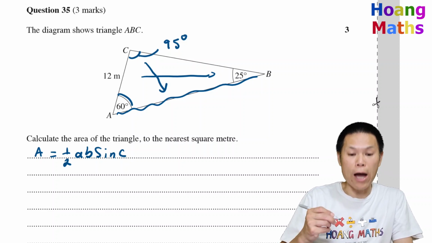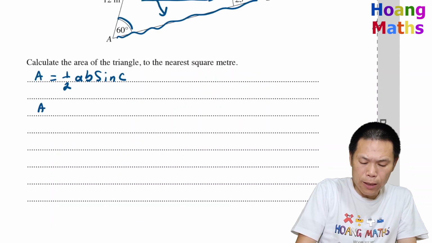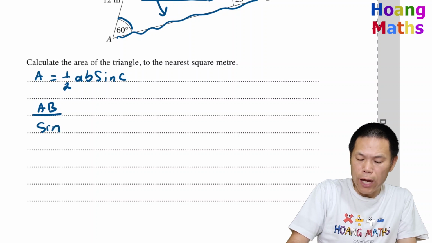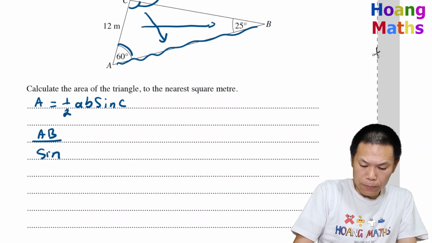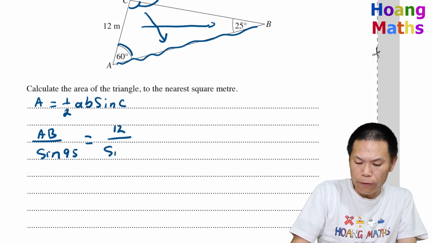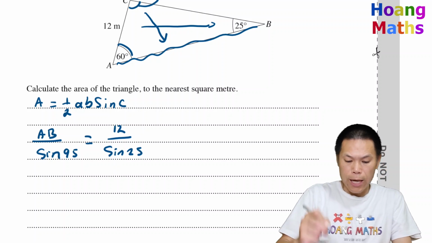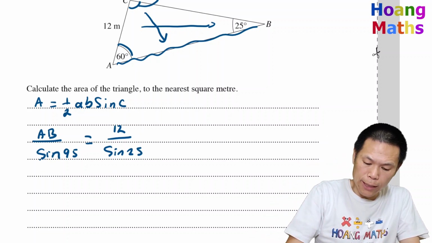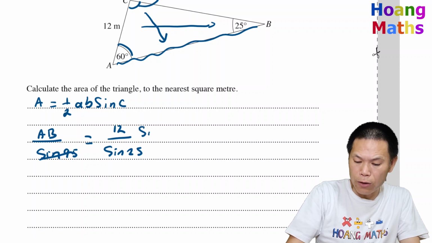So now to work out AB. AB over sine of the angle 95 is equal to 12 over sine of 25. And I times sine 95 on both sides. So this cancels out, and this sine of 95 goes up here.